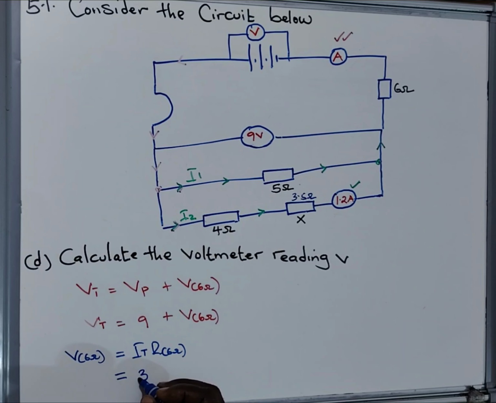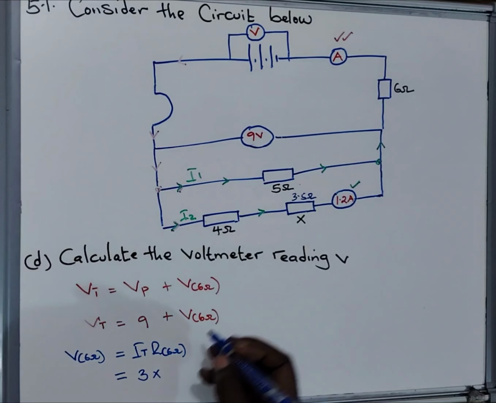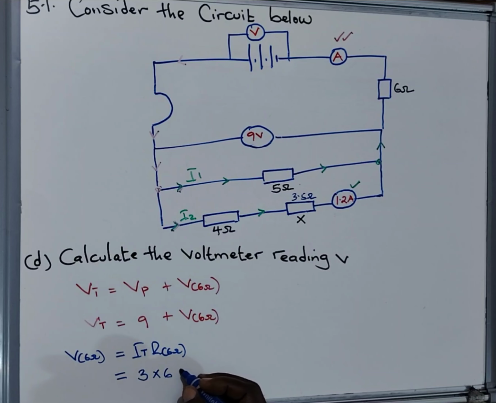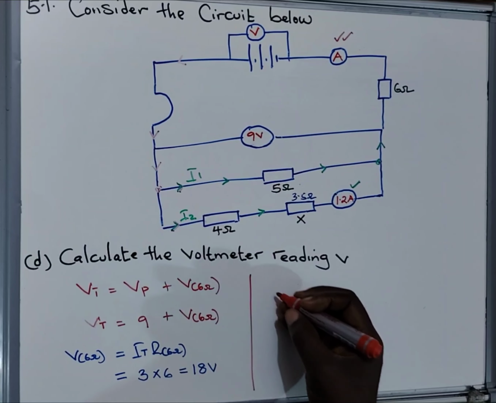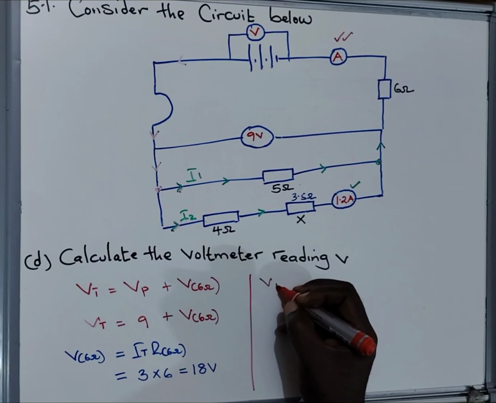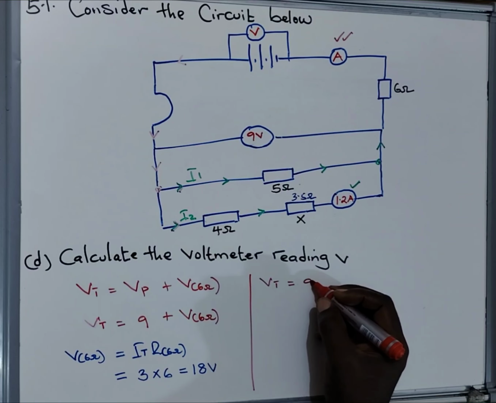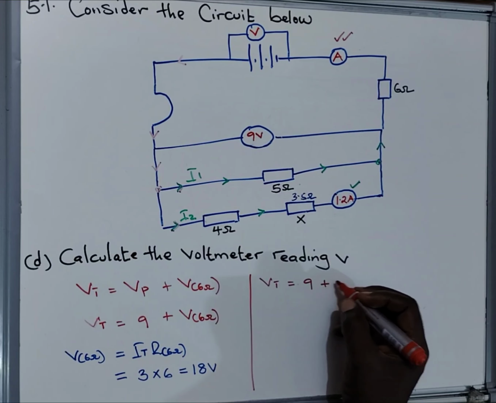We found it as 3. And the resistance is 6, giving you 18 volts. So with that, we are going to say VT is equal to 9 plus 18, giving us 27 volts.